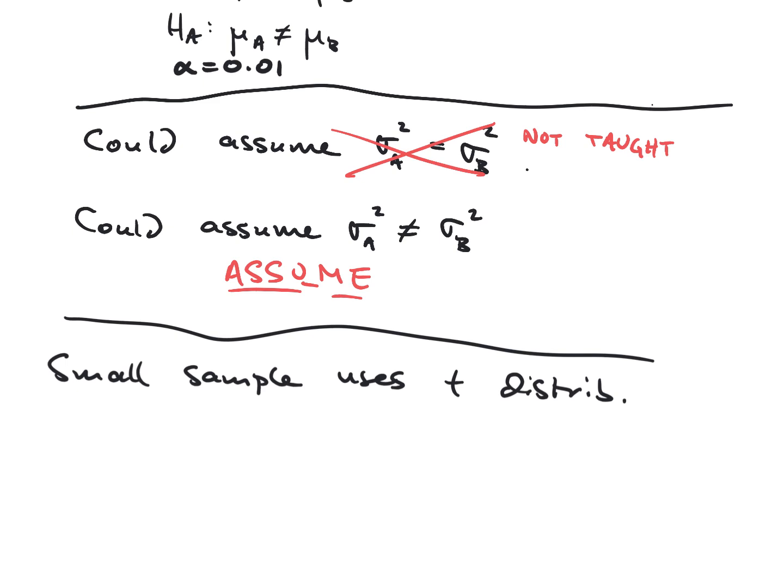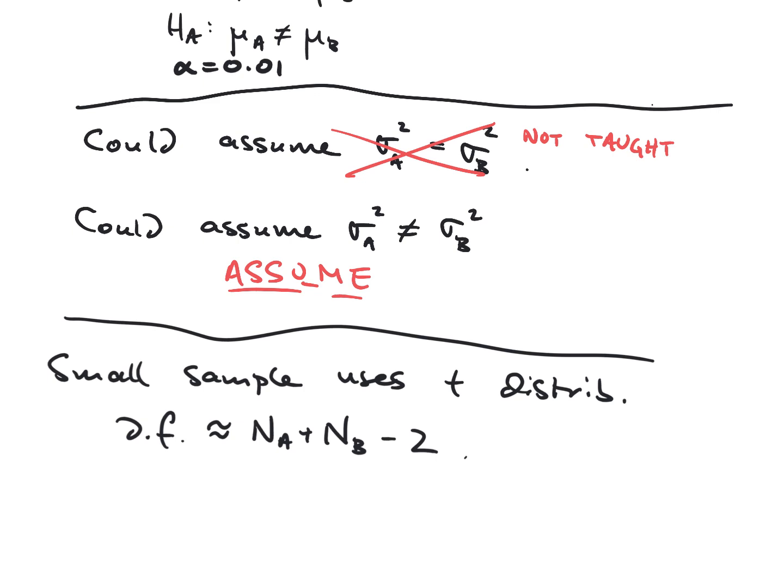Okay, and the formula for calculating degrees of freedom is pretty gnarly. I don't like it. I'm going to teach you all that the degrees of freedom are approximately equal to NA plus NB minus 2, which is close to what the formula will always give you.